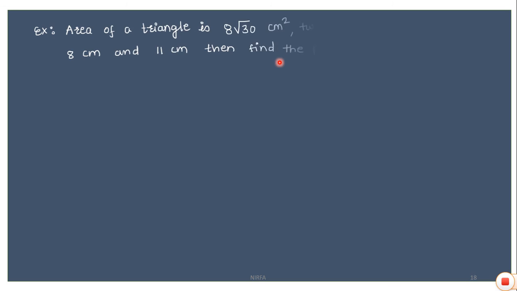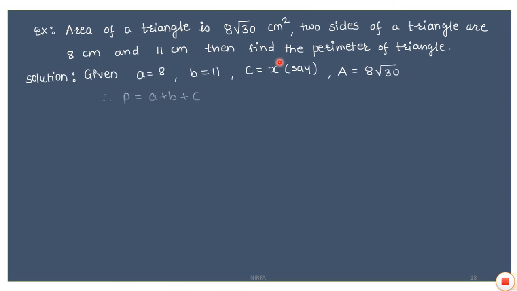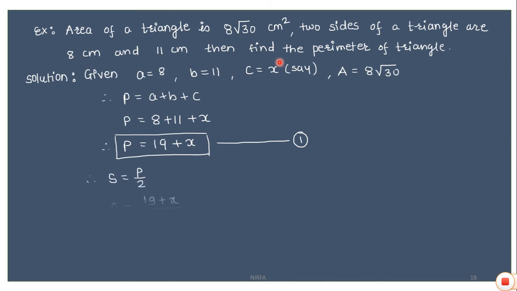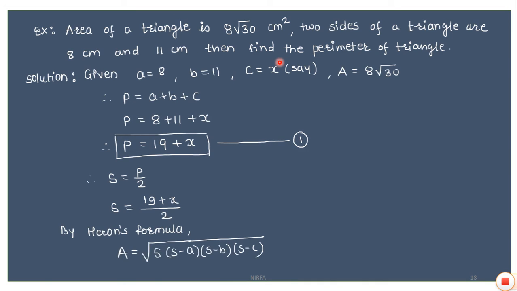Now I'm solving this example. Area of the triangle is again this one. So how to write the solution? First side a is 8 given, second side b is equal to 11, c we have to find out, therefore c equals x we are assuming, and the area is given 8 into root 30.